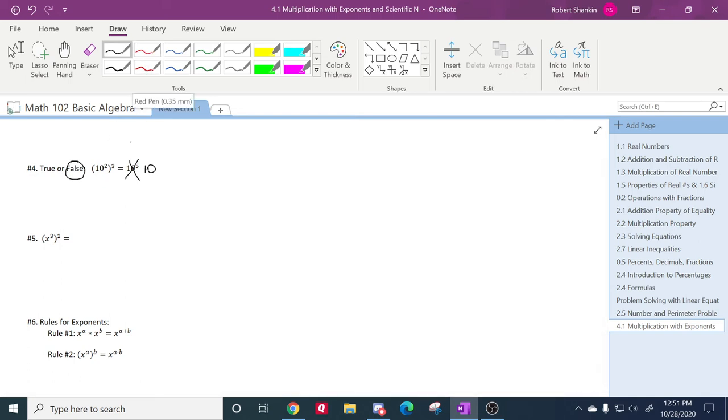We can expand this. Just come straight down. What does 10 to the second mean? It means multiply the 10 times itself. What does anything to the third power mean? It means multiply whatever's in the parentheses times itself 3 times.